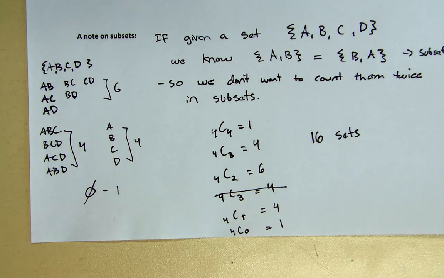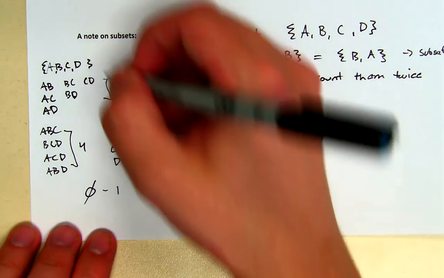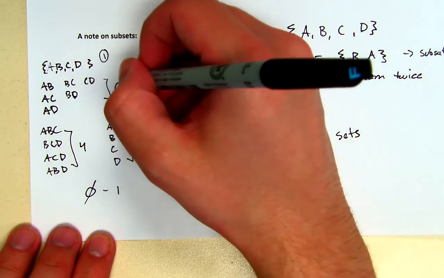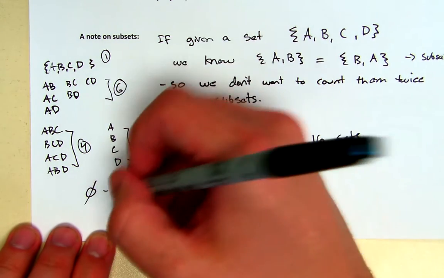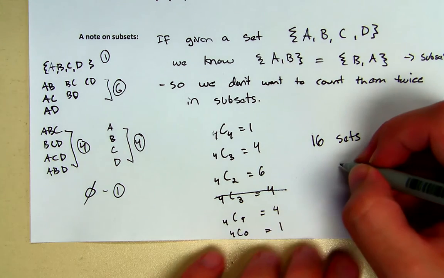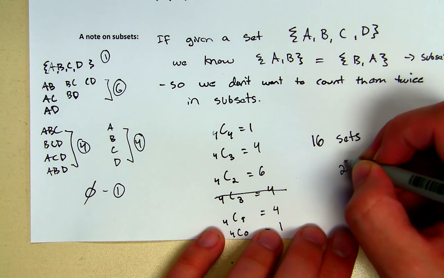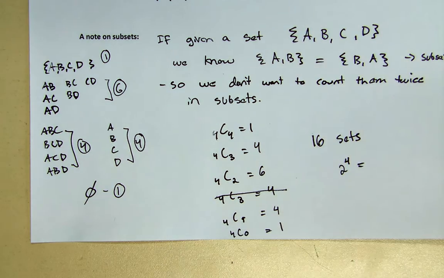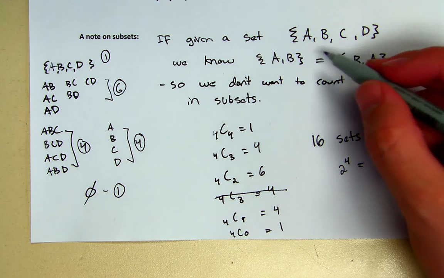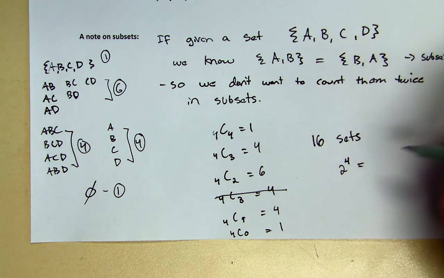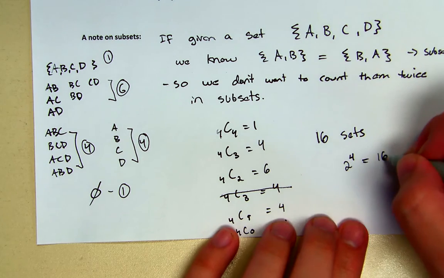Alright, so again, the way you can figure that out is multiple ways. Another thing here is, again, this was my original set. This is where I got stuck at first. 16 is 2 to the 4th power. So if you take each term and you have 2 options for each, you're going to do 2 to the 4th equals 16.